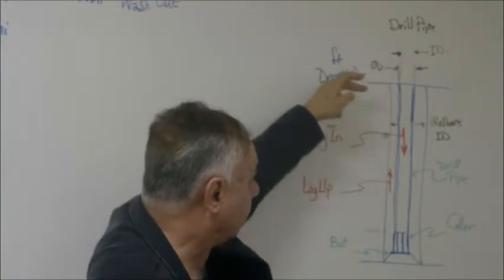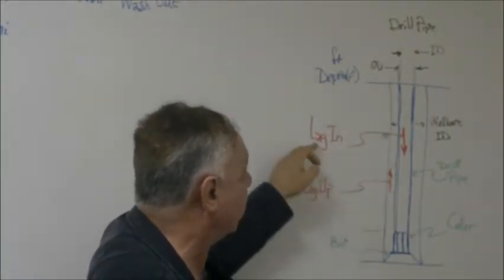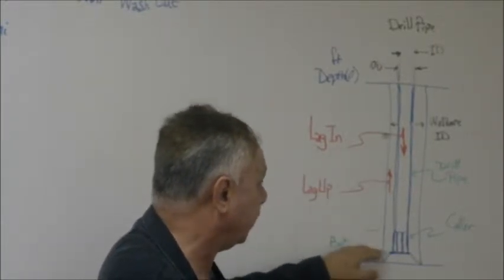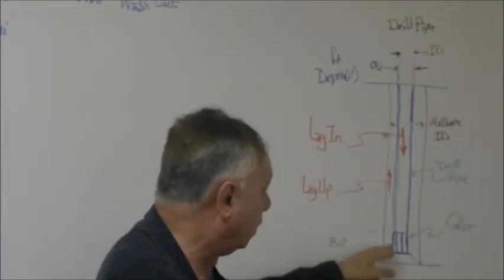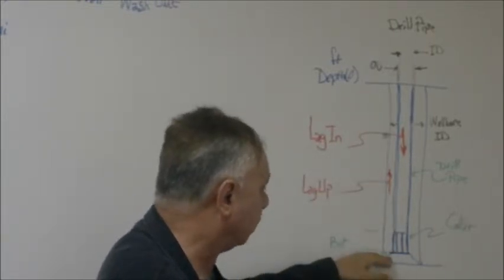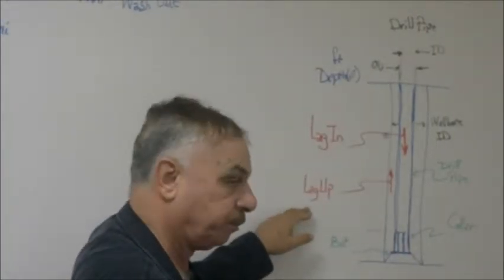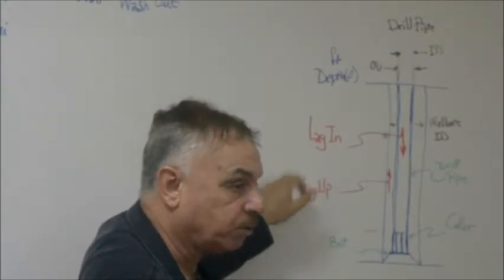The time that the mud takes from the surface to the bit is called lag L. The time that the mud takes, and as long as we are drilling, it will be mud plus cuttings, from the bit to the surface is called lag L. This will be calculated in strokes, and we'll see how.